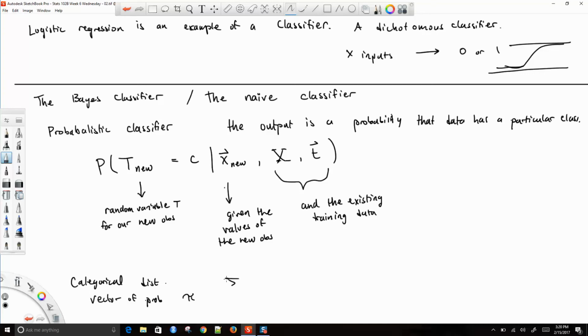And the rule is that the pi's have to add up to 1, and each pi is between 0 and 1. Right? Okay. And so basically this follows the rules, so that the probability of t equal to c given x and t, the sum of these have to add up to 1, and it also has to be between 0 and 1.